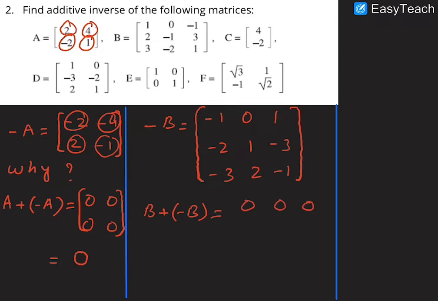Again here 0, 2 minus 2, 0, minus 1 plus 1, 0, 3 minus 3, 0, 3 minus 3, 0, minus 2 plus 2, 0, 1 and minus 1, 0. So you will get null matrix. That's why minus B is the additive inverse of B. Reason.